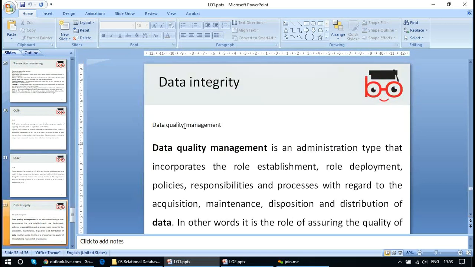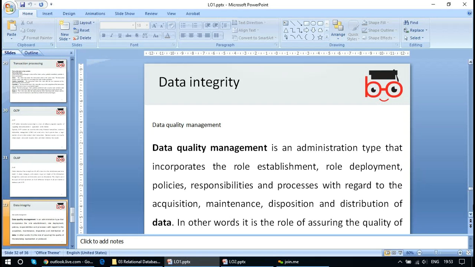Then data integrity is the quality management. Data quality management is an administration type that incorporates the role establishment, role deployment, policies, responsibilities, and processes with regard to the acquisition, maintenance, disposition, and distribution of data.